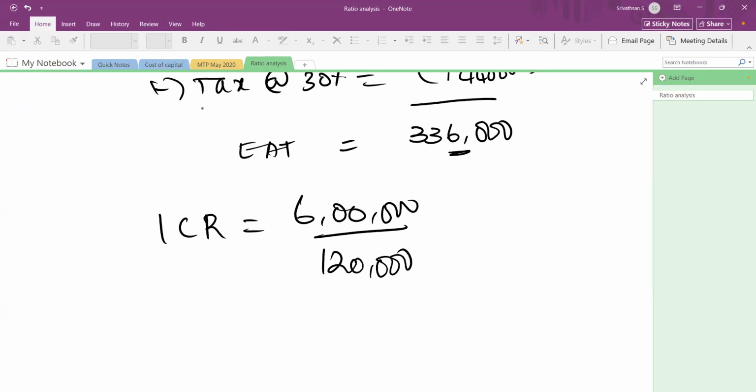How much do we get? 5 times. Clear? Any doubt so far? So what does it mean? It means that EBIT is 5 times greater than your interest liability. Clear? Your EBIT is 5 times greater than your interest expenses.